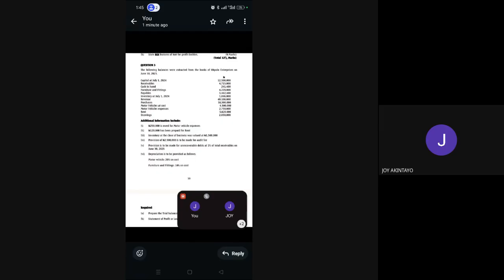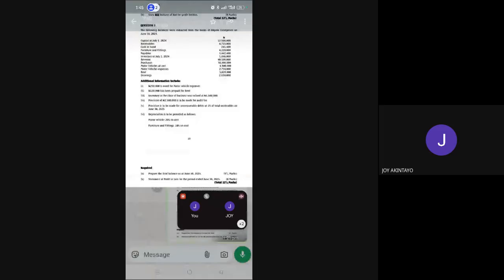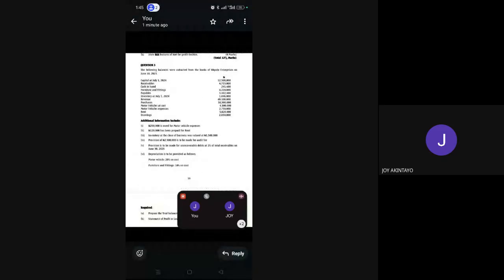So we are preparing the trial balance for the period as at 30th 2025. Are we together?